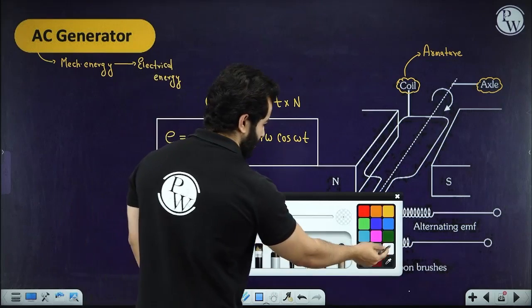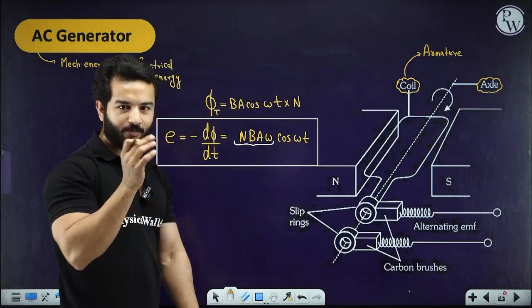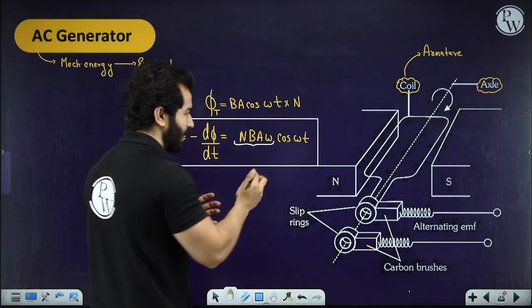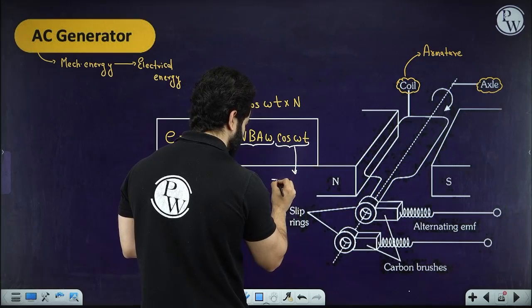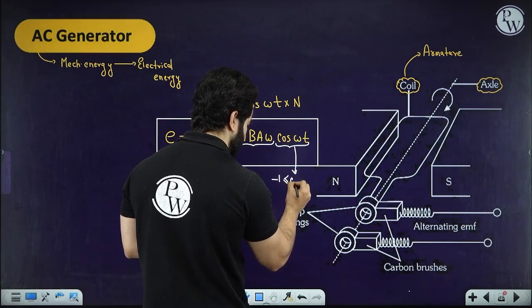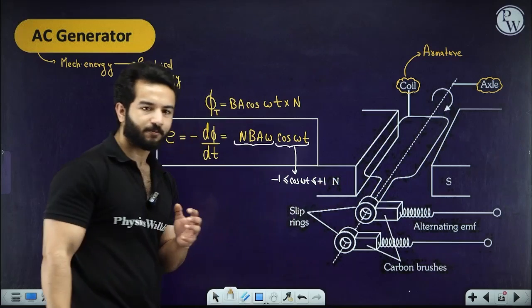So in this particular thing, if you can see, we have got a function cos omega t. I always explain it this way. This has minimum value -1 and maximum value +1, right?